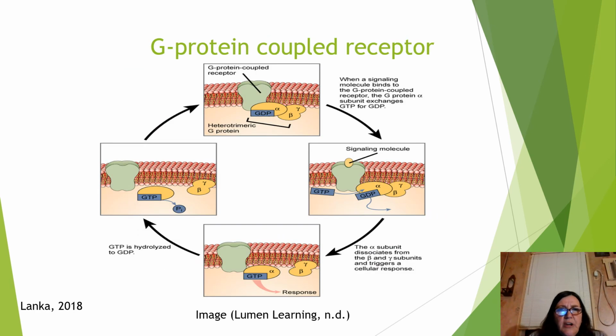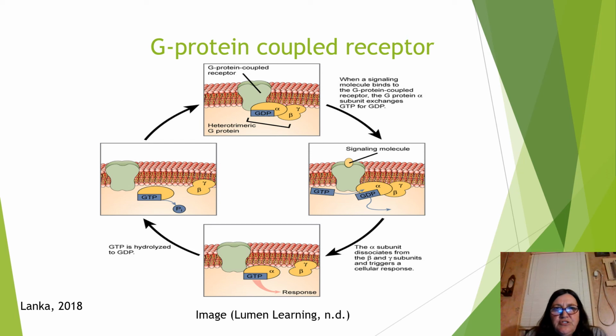And here I have just another picture of it that's showing you how this process works: by the binding of a ligand, which can either be a hormone or a neurotransmitter, to a G protein that activates the GPCR to undergo a conformational change, which then activates the guanine nucleotide exchange factor, the GEF.